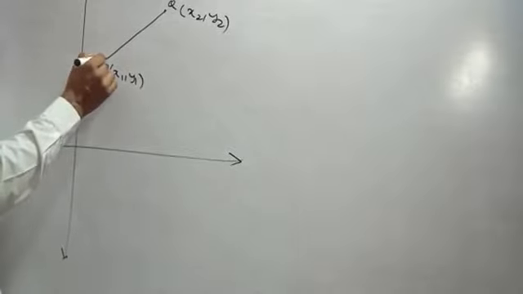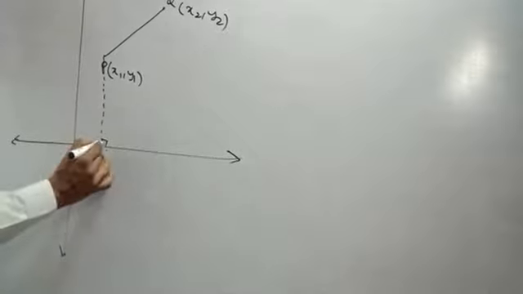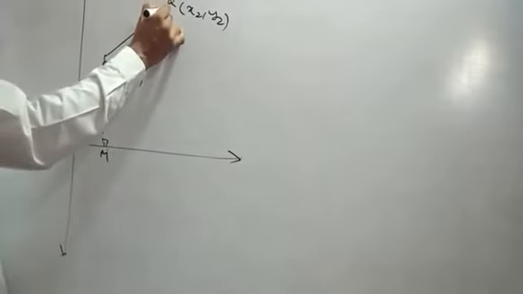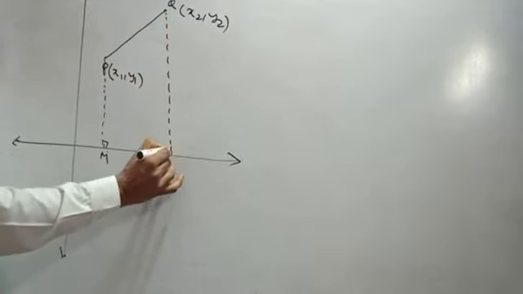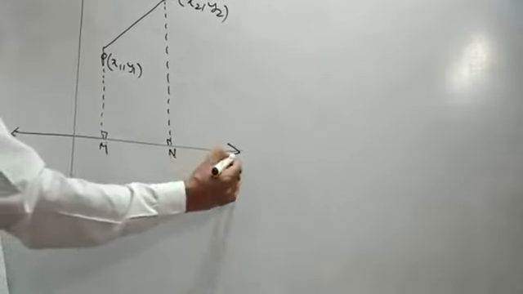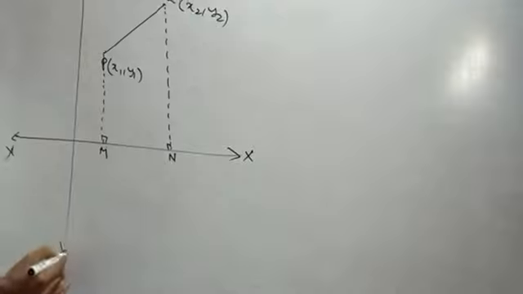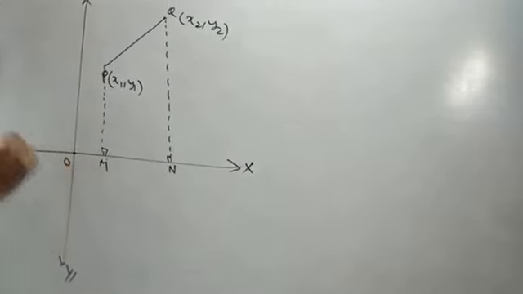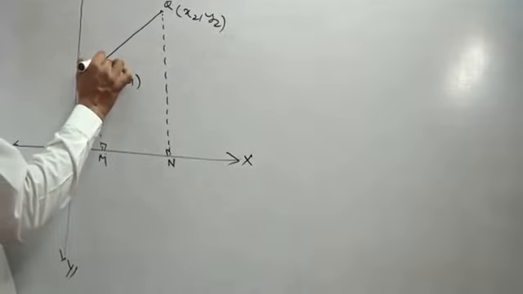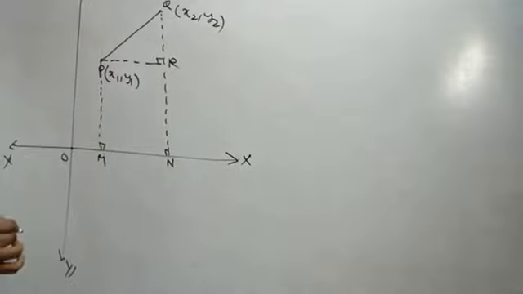For that purpose, draw a line perpendicular to the x-axis from P, PM. In similar fashion, draw another line perpendicular to the x-axis, QN. Now draw again a perpendicular from P to QN, meeting at R.